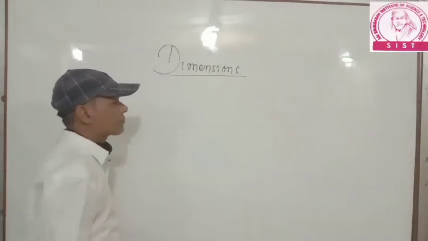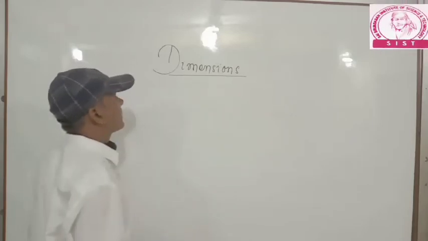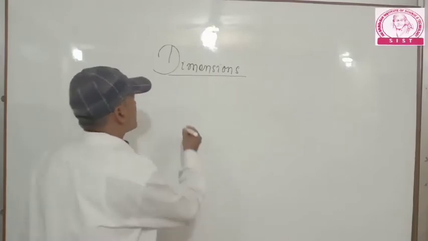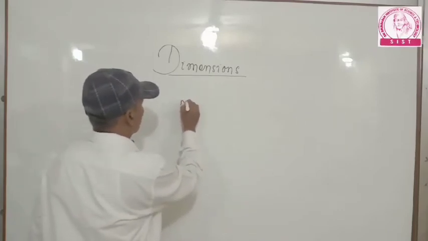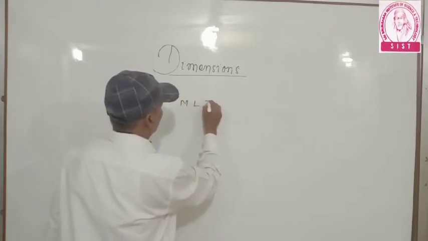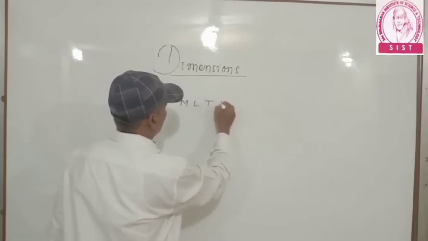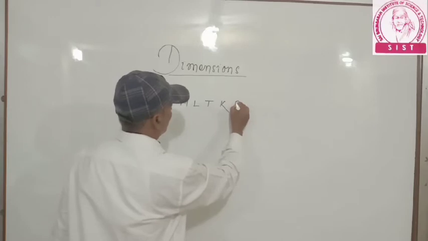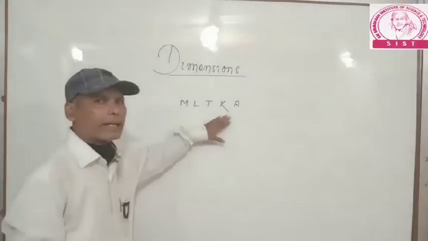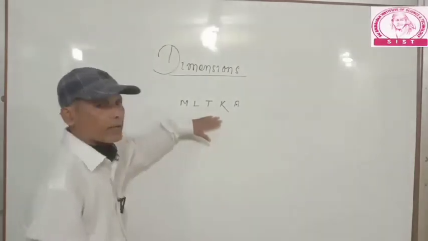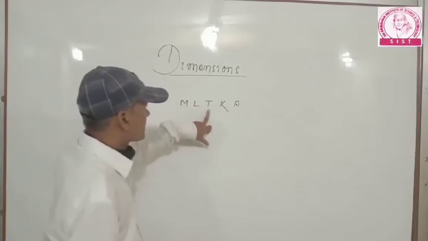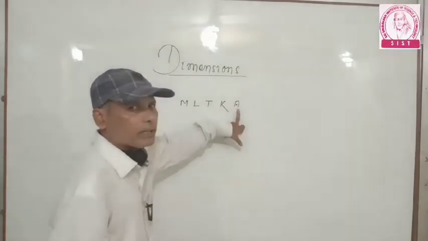In dimensions or dimensional analysis, or to find the dimensional formula, the alphabets generally used are M, L, T, K, A. All these letters are written in capital. Here M is a capital letter, L is a capital letter, T is a capital letter, K is a capital letter, and A is a capital letter.